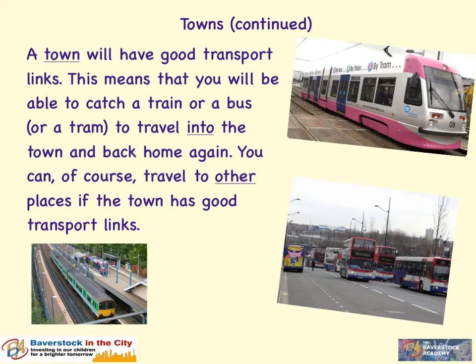A town will have good transport links. This simply means that you will be able to catch a train or a bus or even a tram to travel into the town and back home again. You can, of course, travel to other places if the town has good transport links.